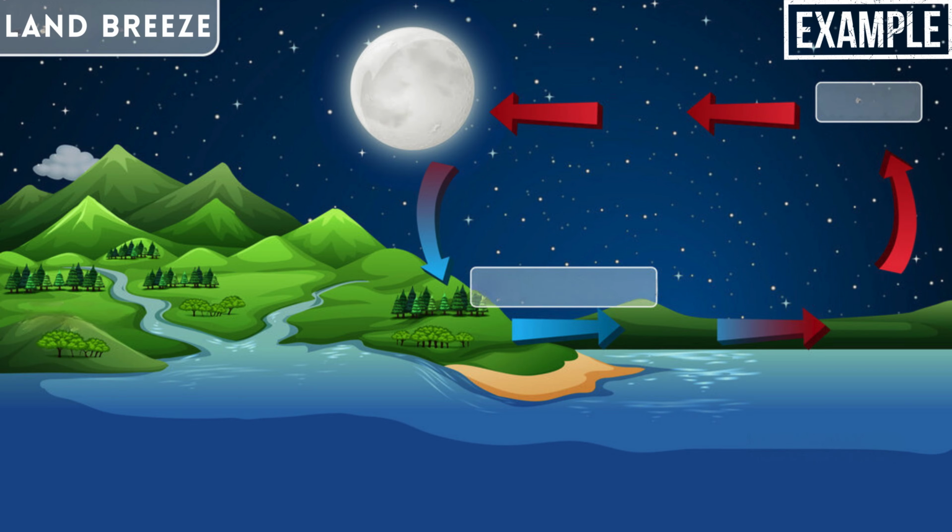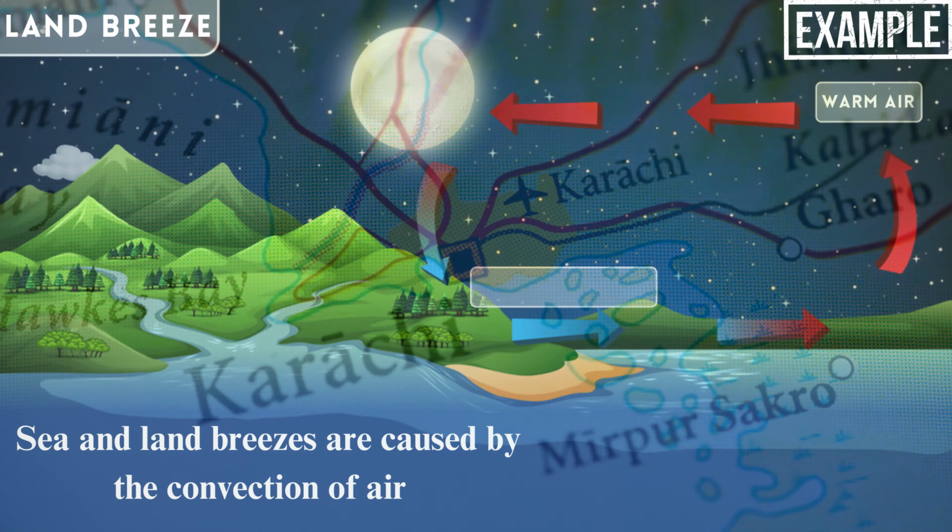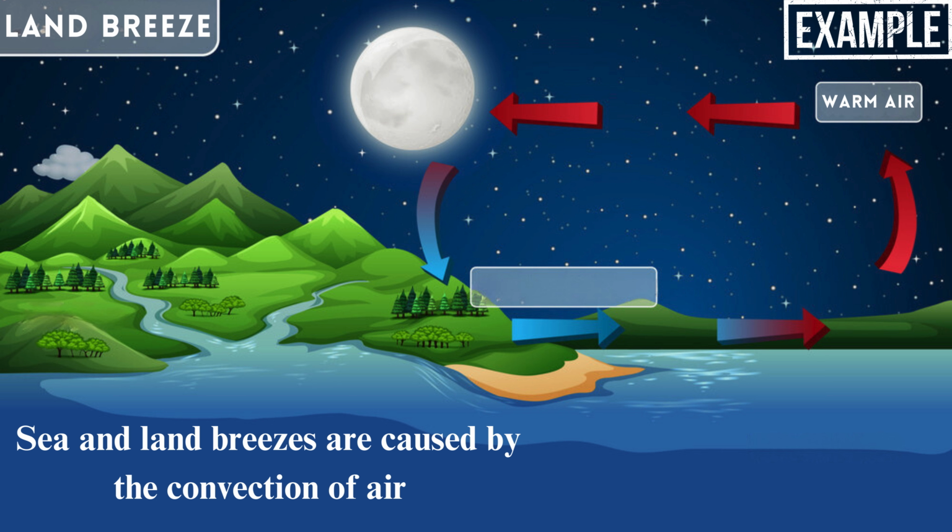As we are living in Karachi, those people who are living near the coastal area have a very clear idea that the sea and land breezes are caused by the convection of air.